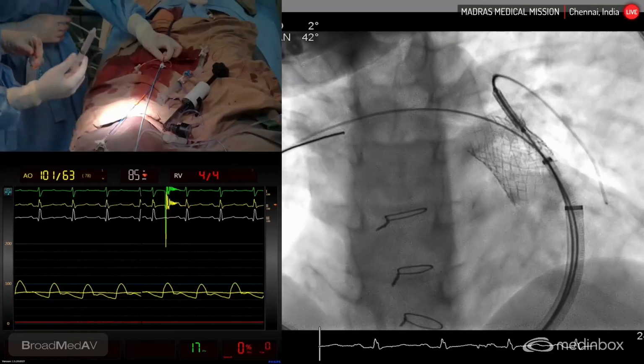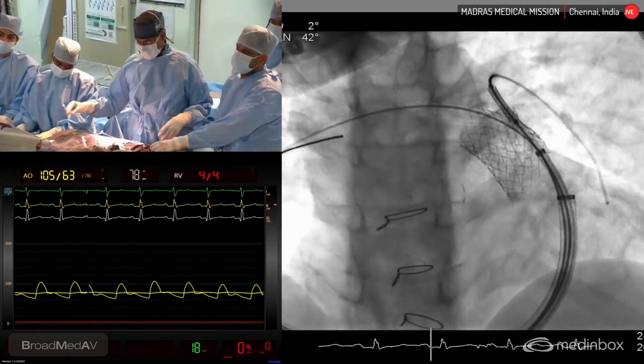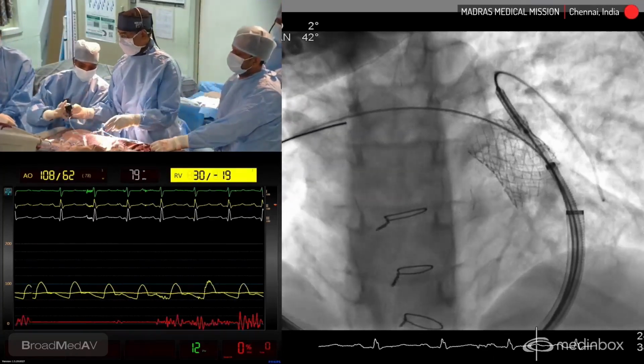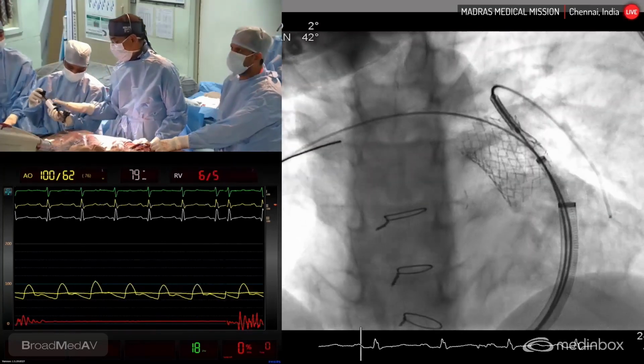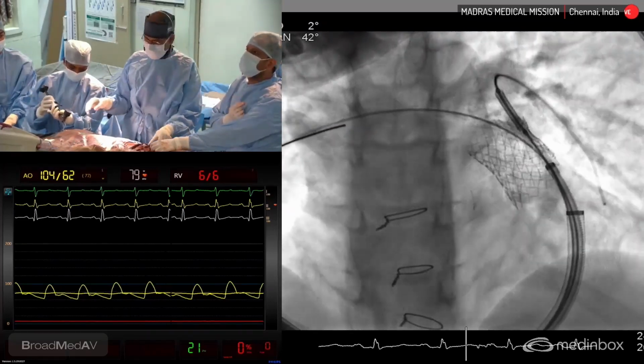Can we get that RAO projection again? We have connected this. Yeah. So get ready to go to about 10 atmospheres, 12 atmospheres when I tell you.